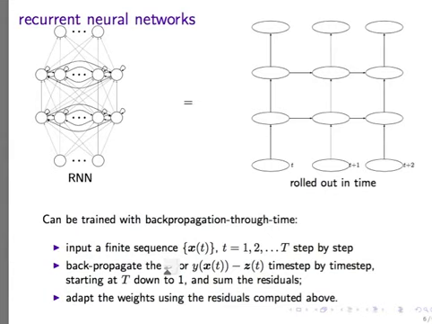After the last one, we start computing the residuals by comparing the output with z, capital T, and then back to z1, and propagate the residuals through the recurrent neural network. Finally, we use the summed residuals to update the weights.